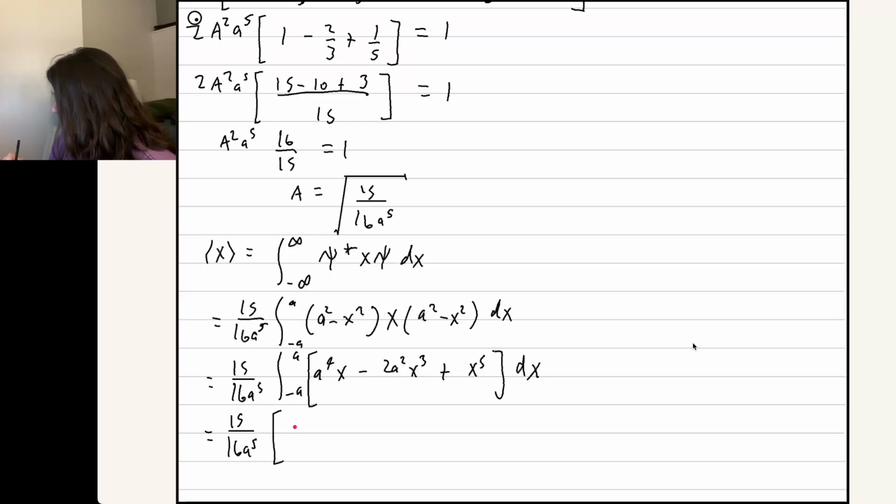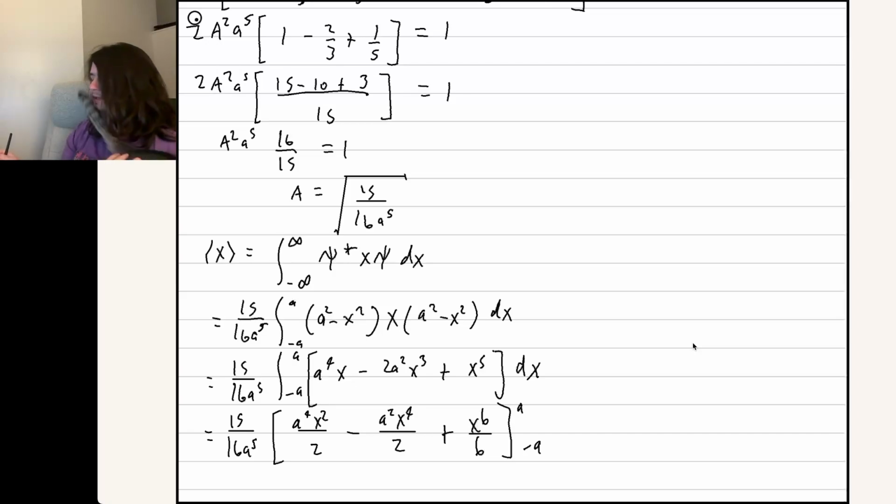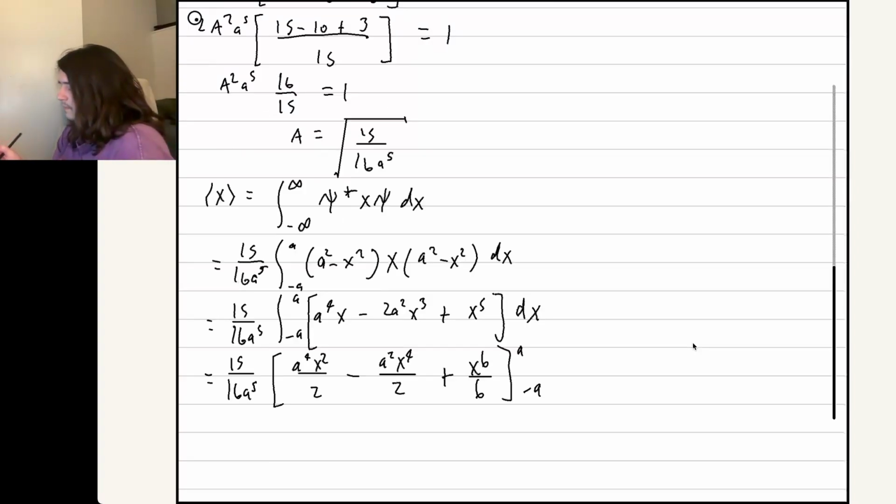That's going to be a to the fourth x squared over 2 minus a squared x to the fourth over 2 plus x to the sixth over 6. That's from minus a to a.